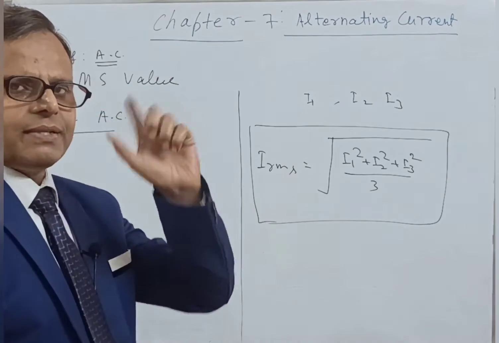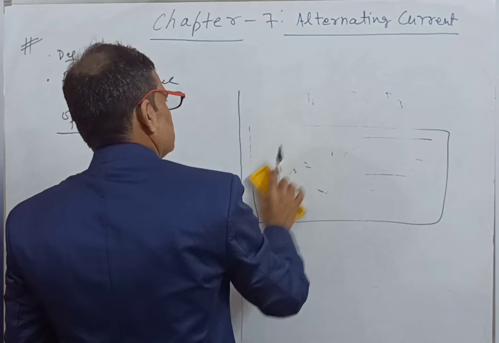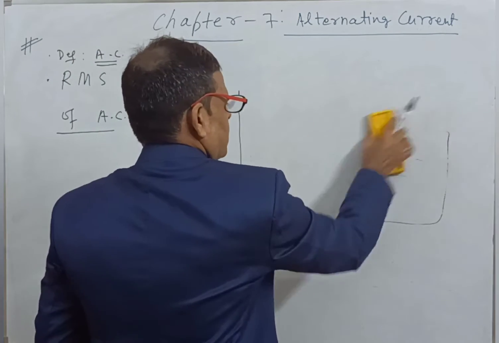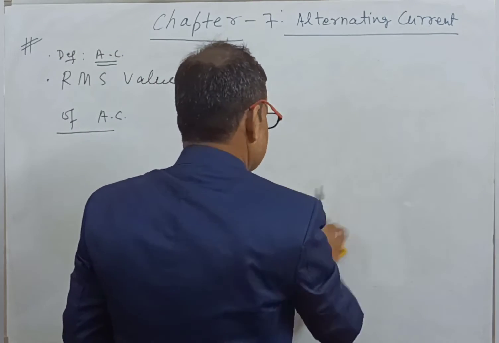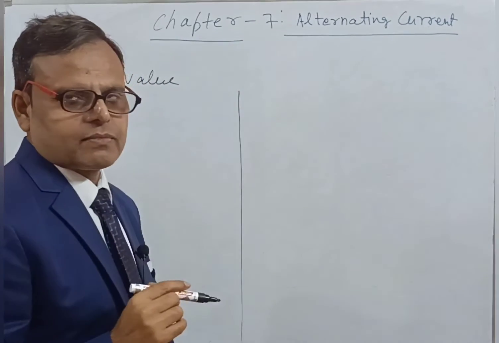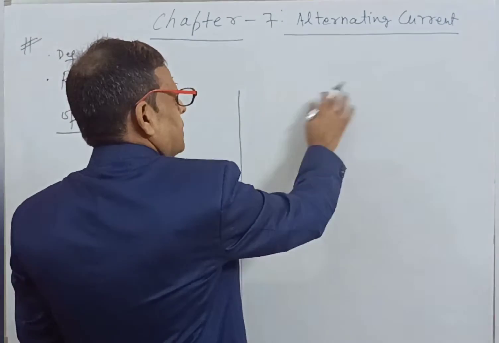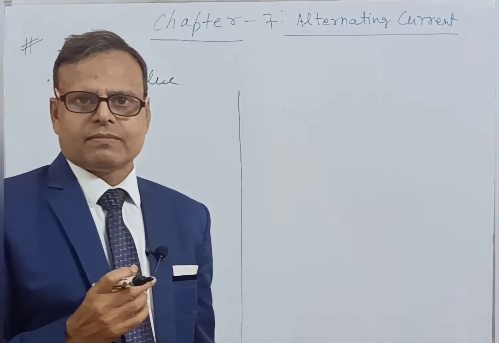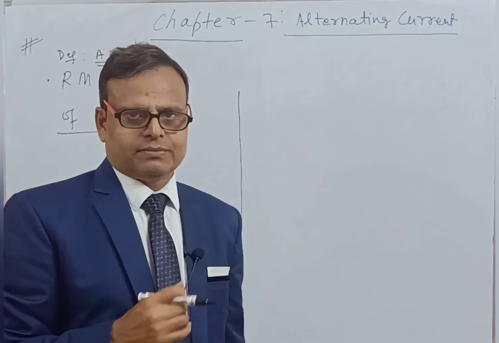Now on a fundamental basis, whenever you need to define root mean square fundamentally, it can be defined as follows. Before giving the statement, let us consider one thing. The current, resistance and time are kept constant for DC and AC both.